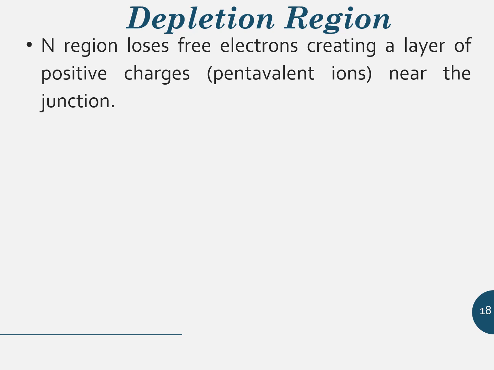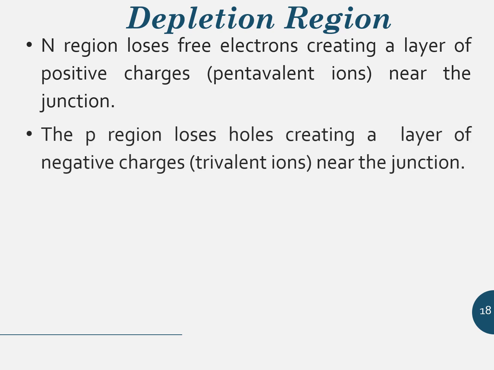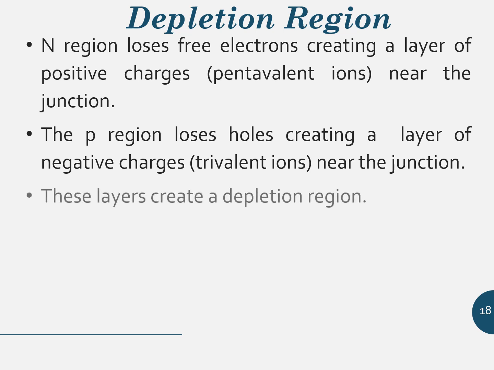As the electrons move across the junction, the p region loses holes as the electrons and holes combine. This creates a layer of negative charges, that is, trivalent ions near the junction. These two layers of positive and negative charges form the depletion region.